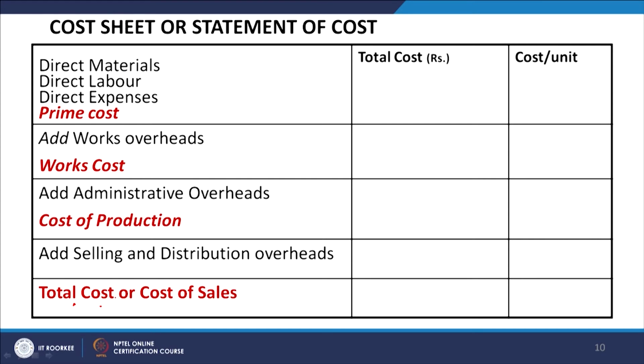We have arrived at this after starting from this level, where the first component of input is the direct material, then we have direct labor and direct expenses. These are the three expenses which are called direct, without which you can't think of producing anything or generating any service.